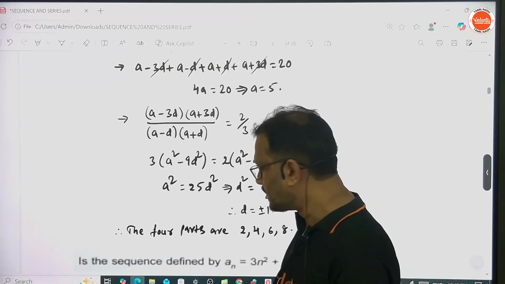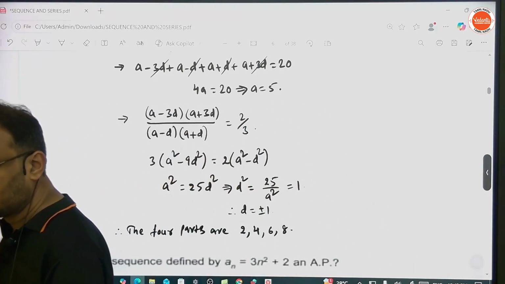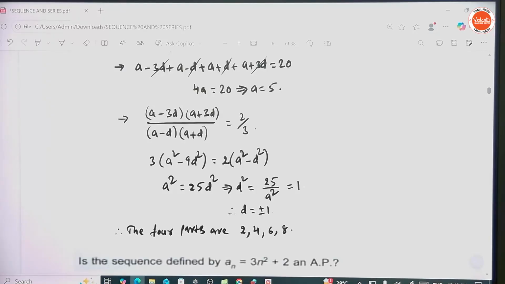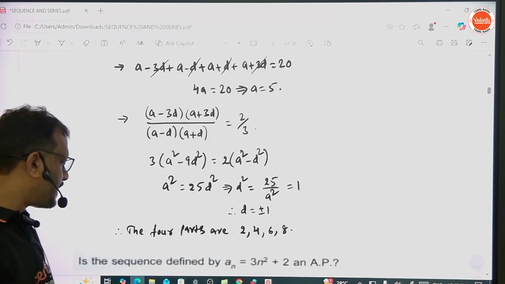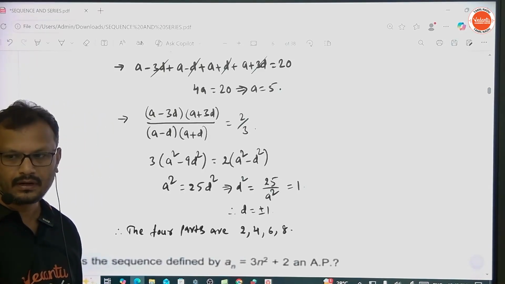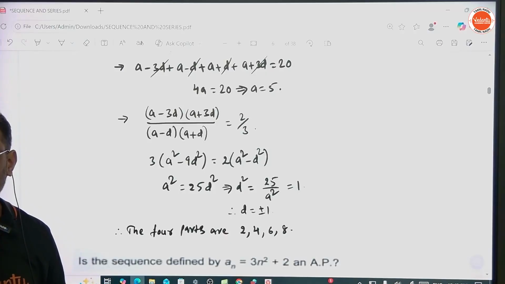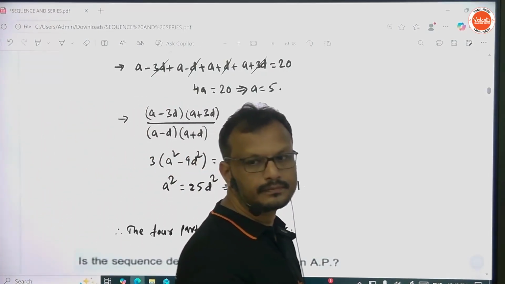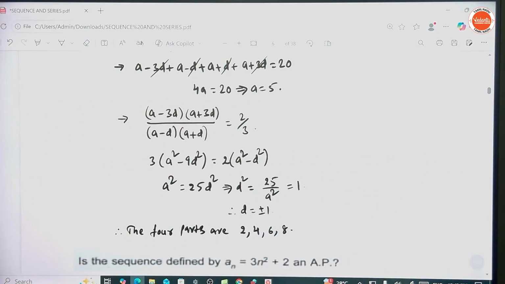So now it is given that a sequence is in AP and whose nth term is given. No, it's not given as an AP, but the nth term is given, whether it will be in AP or not. Is it in AP?